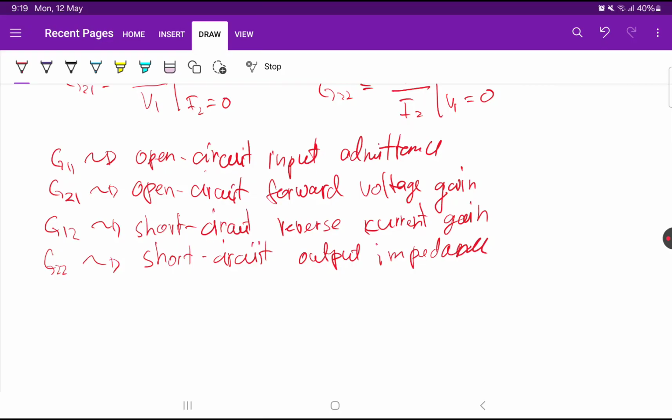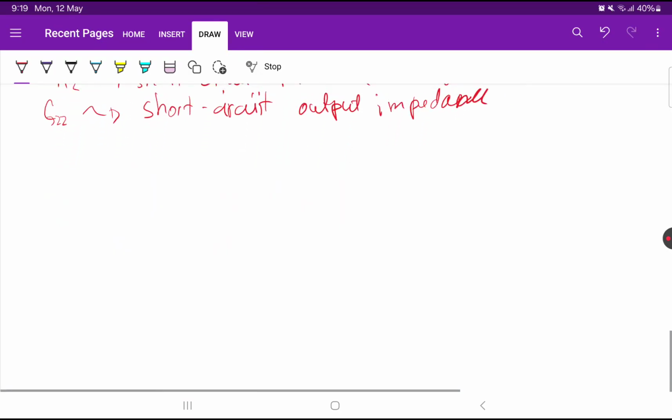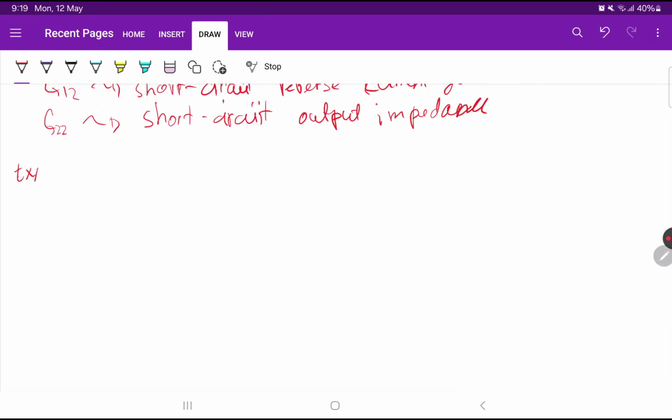Now let's take an example for the hybrid parameter. Example. Find the hybrid parameters. Calculate H parameters of the circuit given here.